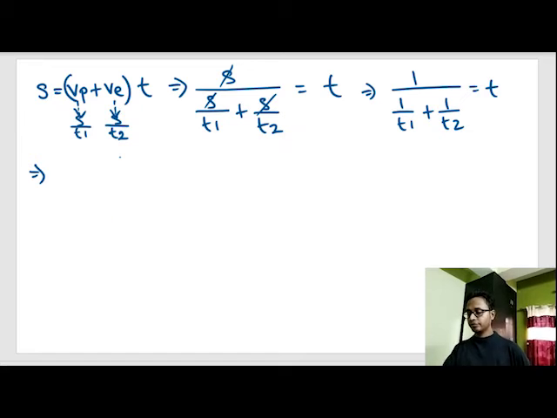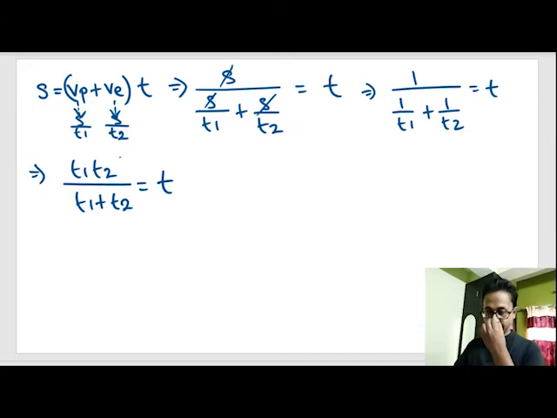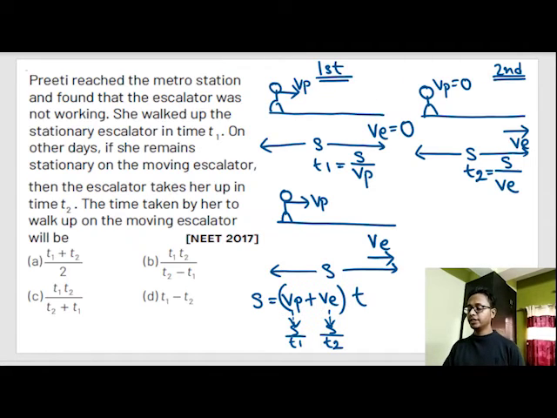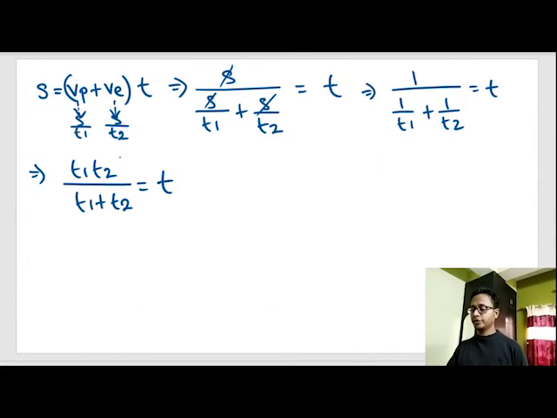So t1 t2 by t1 plus t2 is equal to t, or time taken by Preeti to reach the opposite end of the escalator when both of them were moving with their respective velocities. So our correct option is option number C.